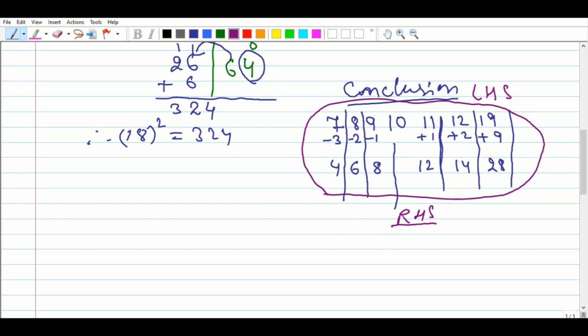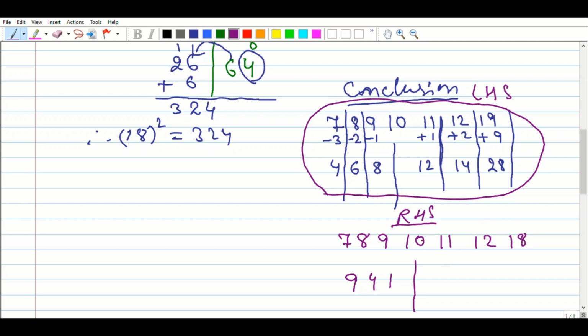For this one, you can write 10 here and write 9 here, 8 here, 7 here. 9 is less than 10 by 1, so we will write 1 square equal to 1, 2 square equal to 4, 3 square equal to 9. It is for numbers less than 10, and similarly for numbers more than 10, like 11, 12, 18.